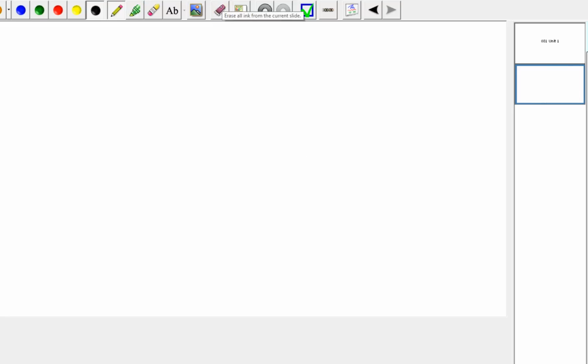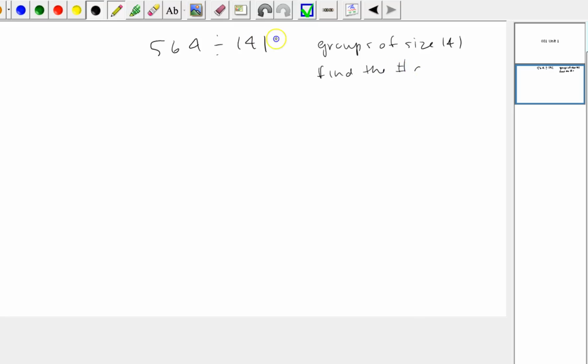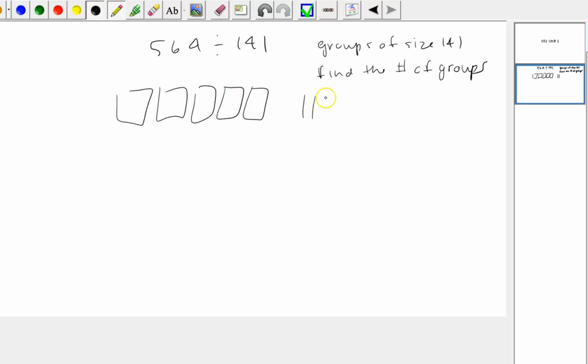And then another way we could do this, 564, if we had a larger number, so divide 564 divided by 141. In this one we can make groups of size 141 and find the number of groups. Okay, so they'd have the 1, 2, 3, 4, 5, 1, 2, 3, 4, 5, 6, 1, 2, 3, 4.